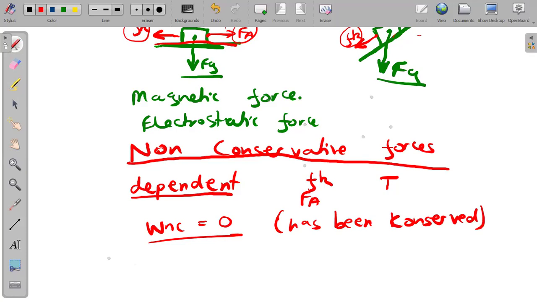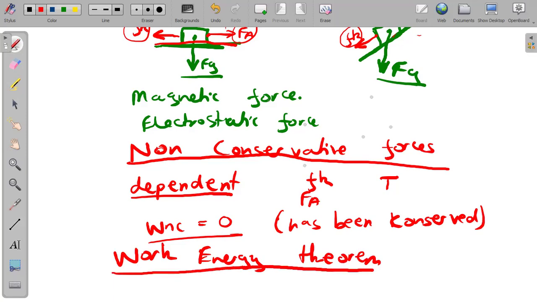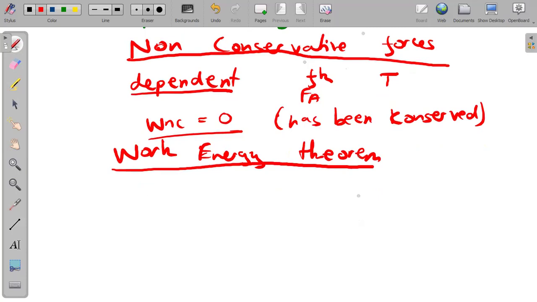We also have the work energy theorem as our other energy principle, right? What does the work energy theorem state? It simply states that the net work done on an object is equal to the object's change in kinetic energy.